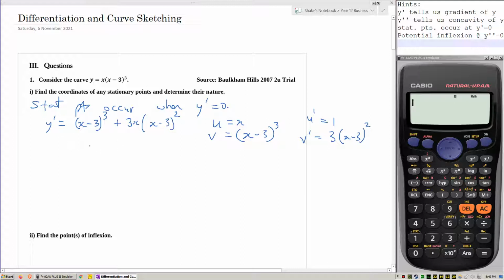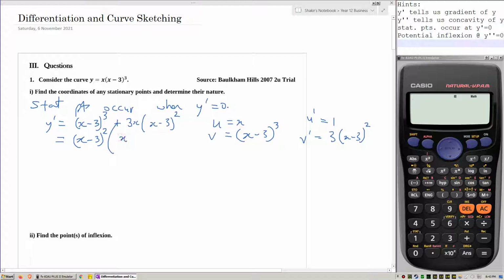To make our lives a bit simpler, we will factorize out x minus 3 squared. If you take out x minus 3 squared from here and x minus 3 squared from the right, what will you be left with?